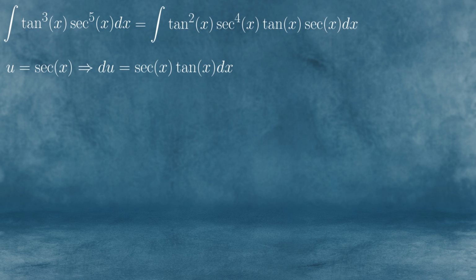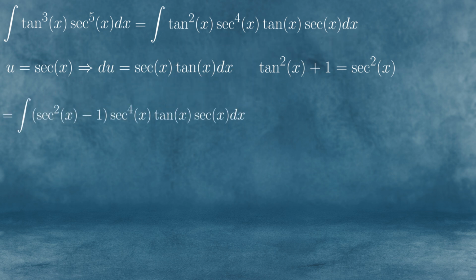Now, remember that tangent square of x plus 1 is equal to secant square of x. Thus, tangent square of x can be written as secant square minus 1. Thus, if we apply all the substitution, we get that the original integral is equal to u squared minus 1 times u to the 4 du.